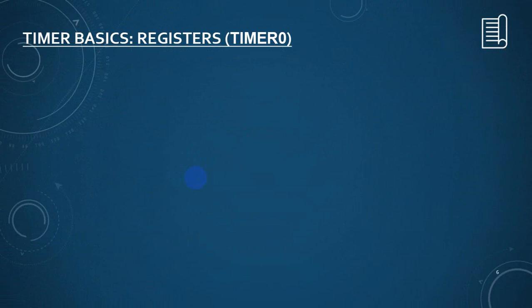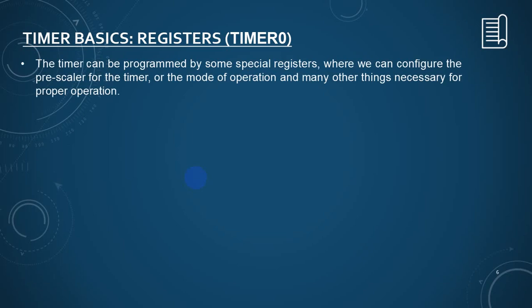Timer basics, registers. Now we'll investigate the registers that are associated with timer 0. The timer can be programmed by some special registers where we can configure the prescaler for the timer, or the mode of operation, and many other things necessary for proper operation.